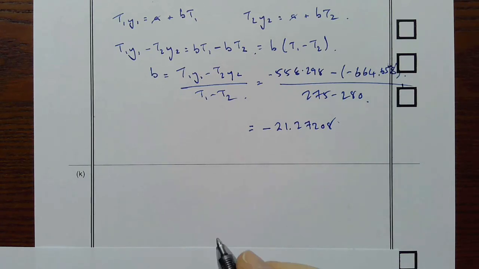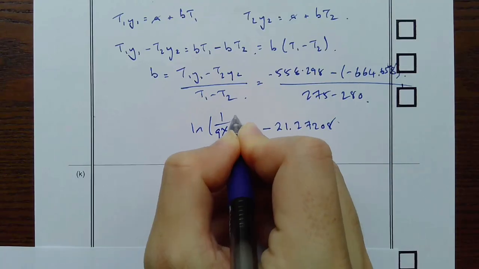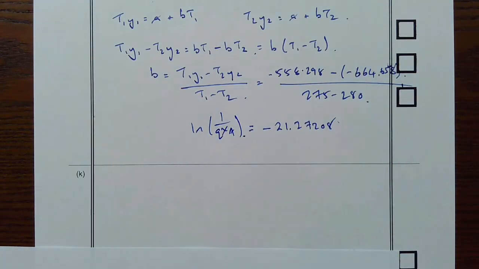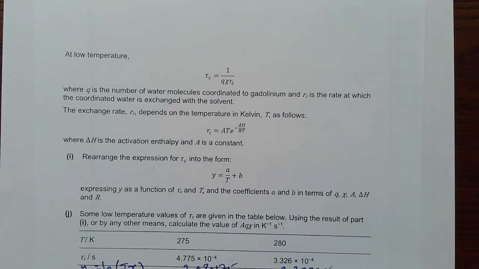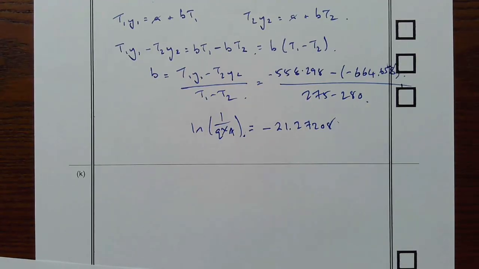So in other words, that is log 1 over q chi a. But I am asked to work out what q chi a is. Yeah, because it says calculate a q chi, so I just need to do a little bit of rearranging.